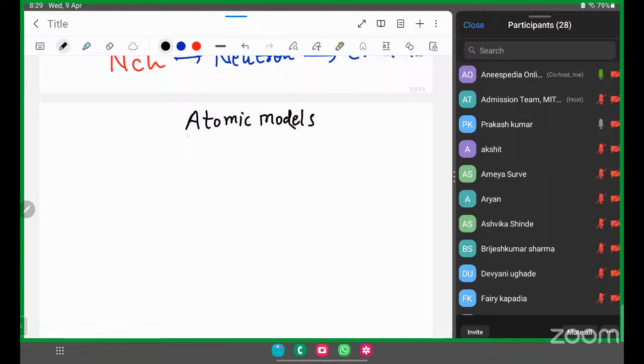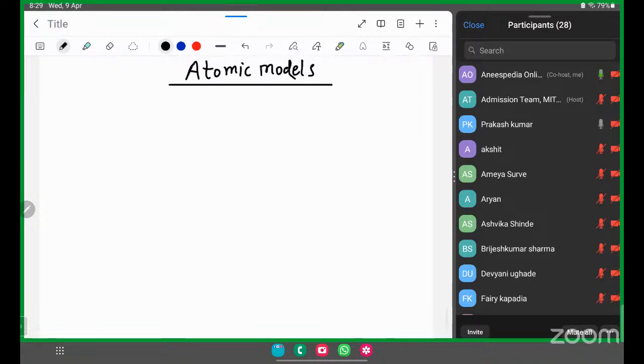We have different atomic models at different times in history. Which was the first one? It was J.J. Thomson's atomic model.